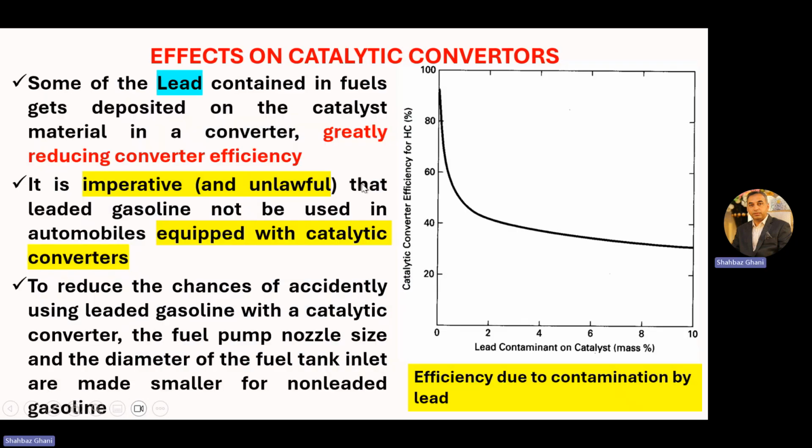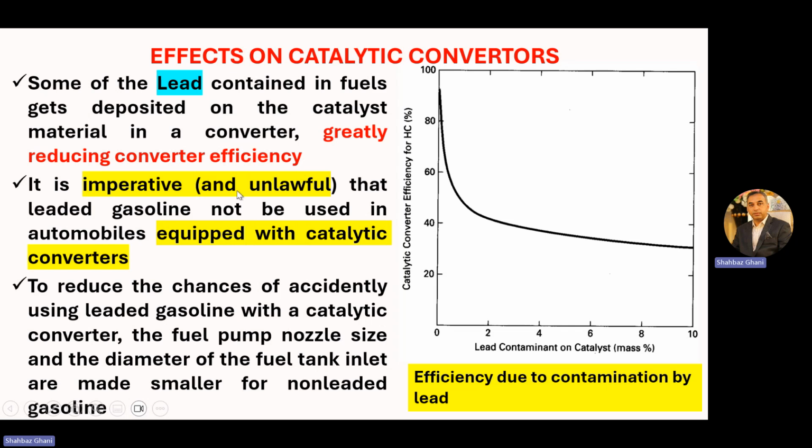Now, the effects of lead. If we have some lead content in the fuel, it gets deposited on the catalyst material in a converter, greatly reducing converter efficiency. So if your fuel contains some lead elements, it greatly reduces the converter efficiency.